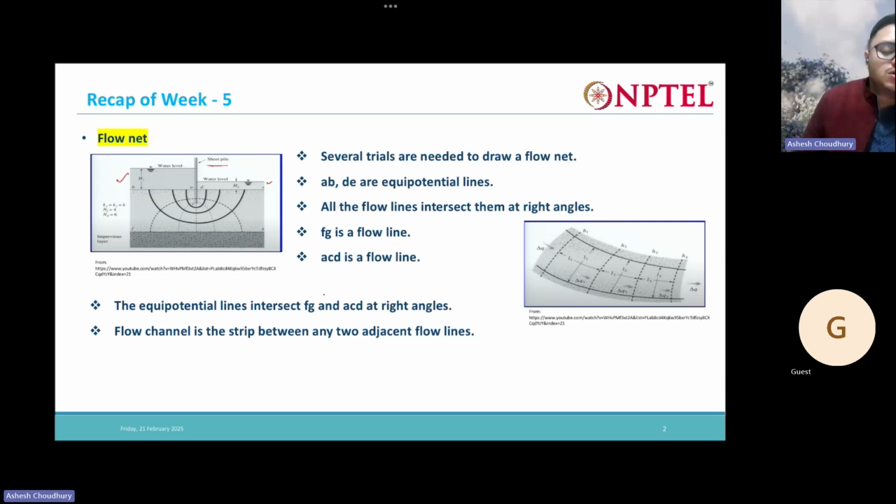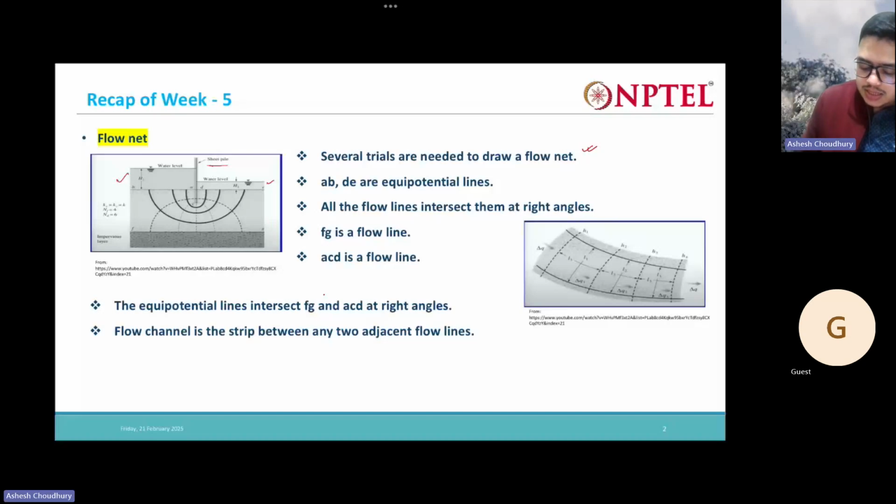This flow or seepage of water through the soil can be described using flow lines. So how do you draw the flow net? Several trials are actually needed. You need to roughly draw first, then check that all the criteria, such as the orthogonality criteria and the squareness of the elements, are maintained.